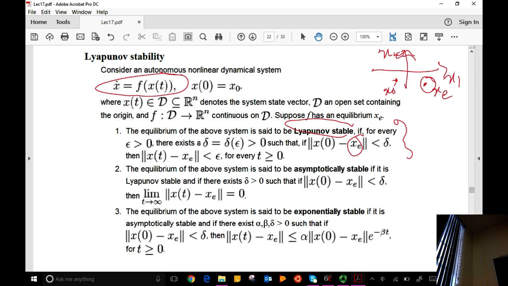It simply means the distance between x0 and xe, the norm of that, is bounded by some region delta. You can draw a circle with a radius of delta, and the trajectory will remain forever in that bound. And this bound you can find for every arbitrary epsilon that you choose, so the bound will be a function of this epsilon.